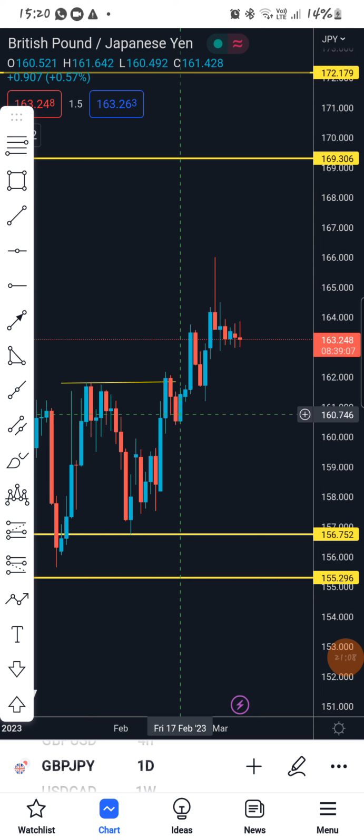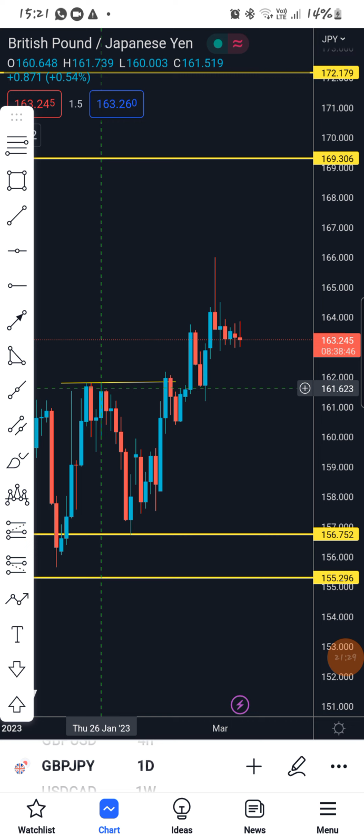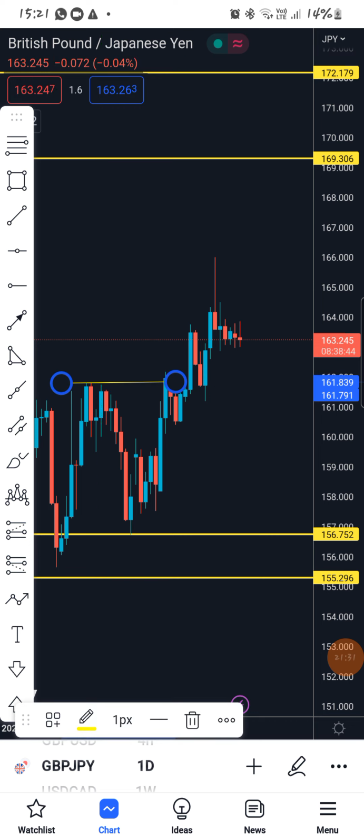And then what happened again? It came back to break this area all the way up. So you have seen the market while it was here in this area. Let me delete that.